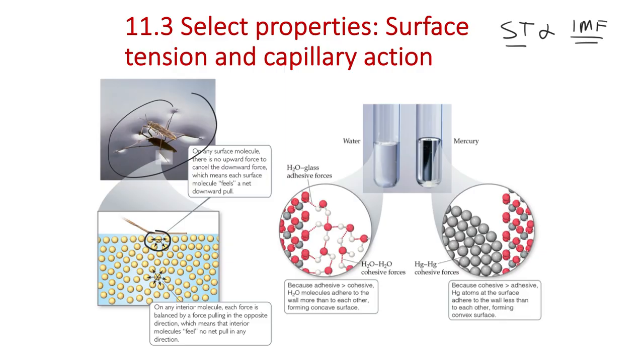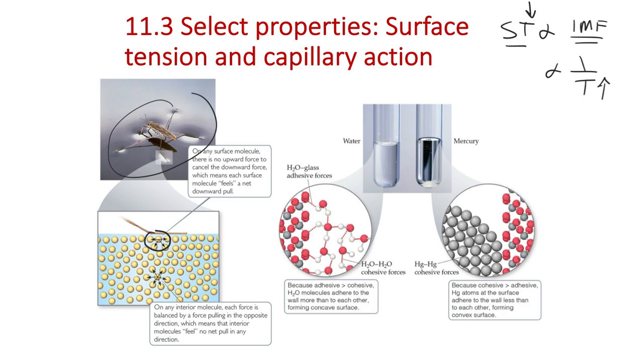If you have water that's colder, if it's frozen, you go to a really low temperature, you're not breaking the surface very easily. So the surface tension must be very high at low temperature, and then it must decrease as you go to higher temperatures. So it has an inverse relationship to temperature. Increase the temperature, you weaken the surface tension. It's going to be easier to break the surface of water if it's hotter than if it's colder.